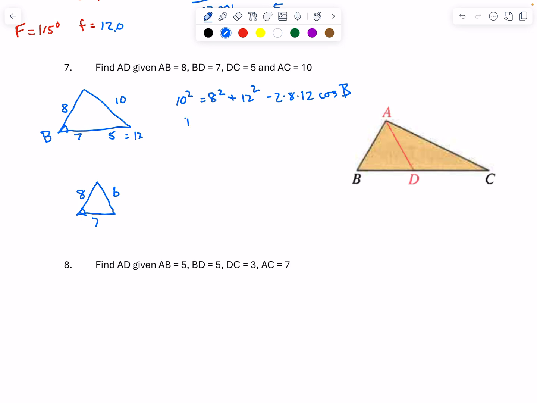10 squared minus 8 squared minus 12 squared. Don't forget to divide by a negative. Angle B is 55.771 degrees. And then once I know angle B, I can go use a side-angle-side thing.